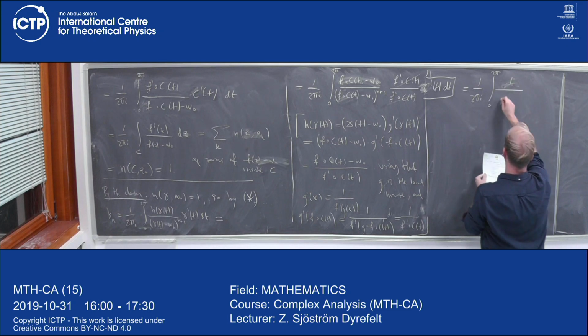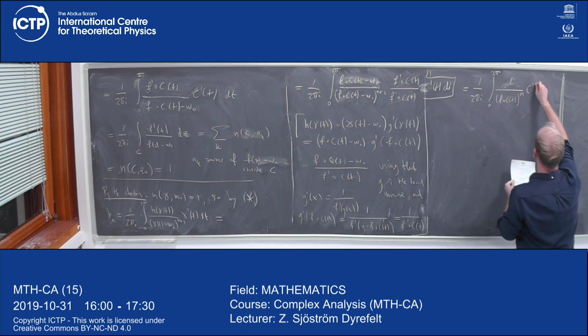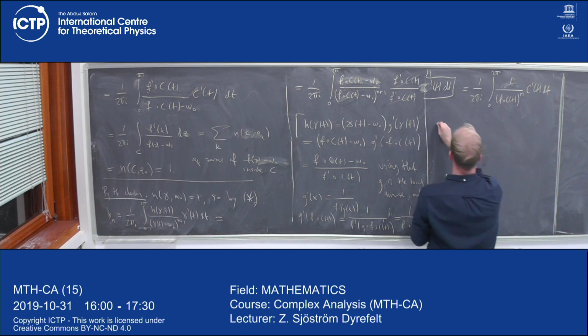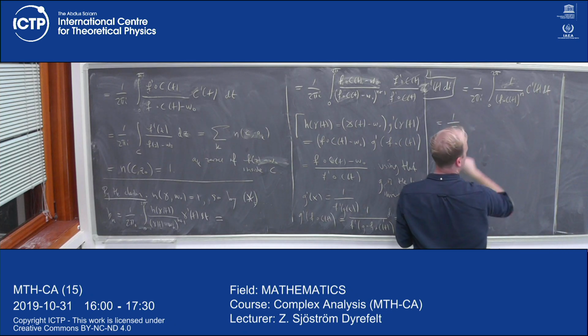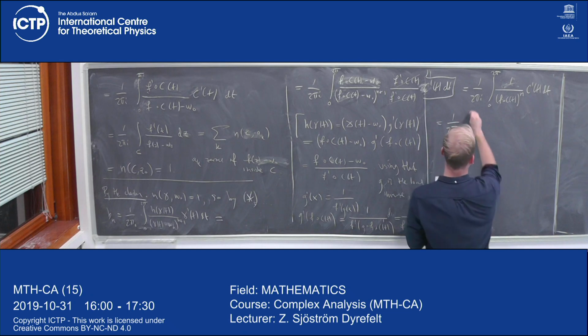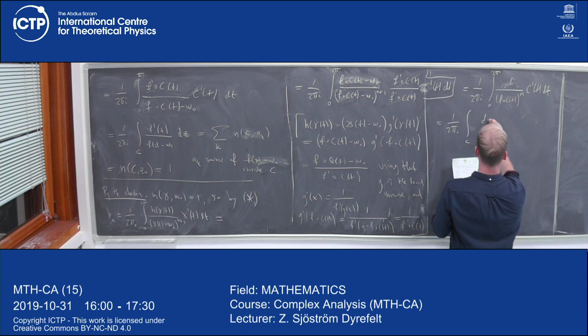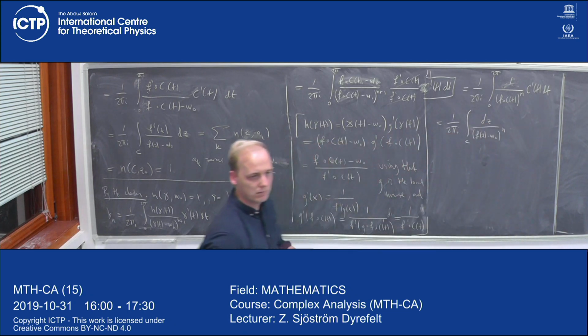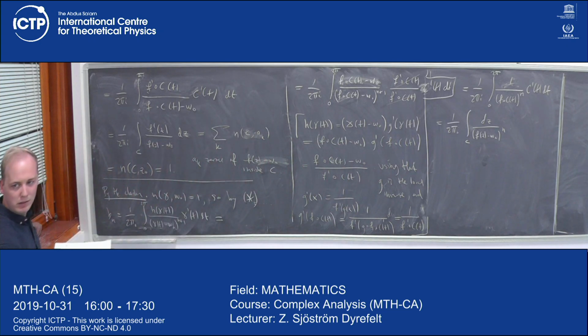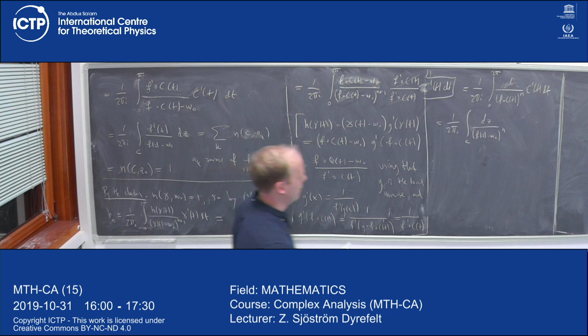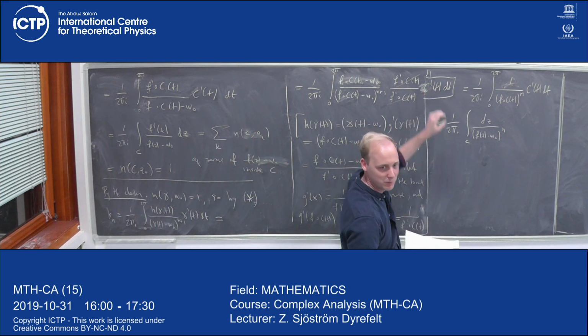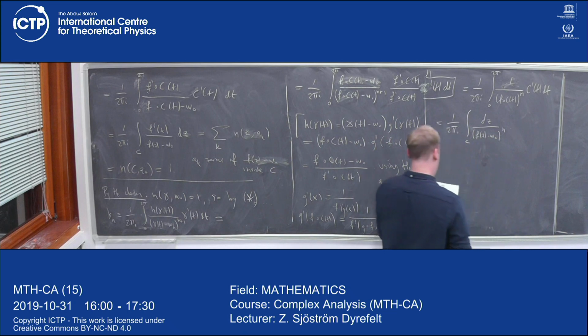But let me write it. 1 over f of c of t to the power n, c prime of t dt, which is equal, and then we again get rid of this c prime when we go back to saying that this is equal to 1 over 2 pi i times the integral over c of dz over f of z minus w0 to the power n. Okay? This is good. I'm very happy you're really following the attention to detail. Thank you.